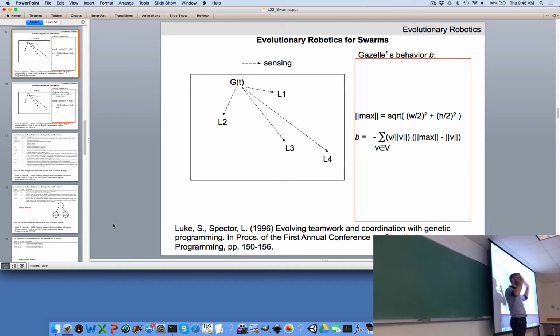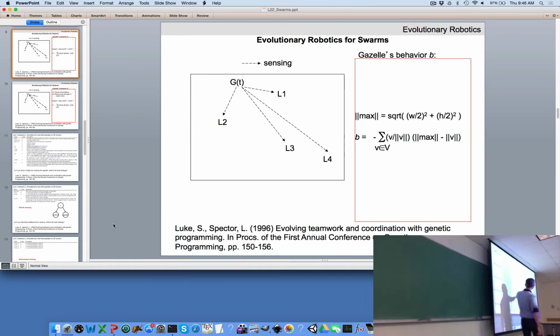So the gazelle is looking at the 4 lions. It has these 4 vectors, v1, v2, v3, and v4. It's going to sum them together, but it's not a straight sum, it's a weighted sum. Why a weighted sum? It wants to run as far away from the nearest lions as possible. Absolutely, right?